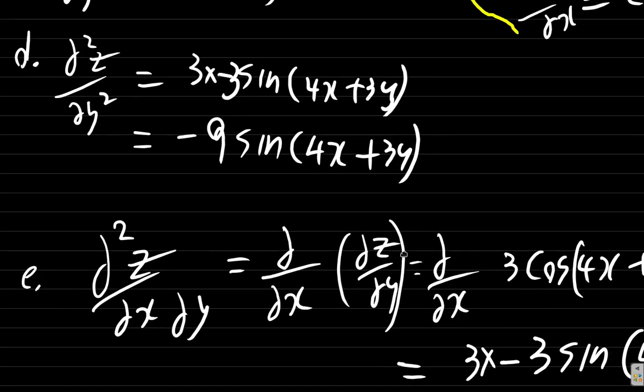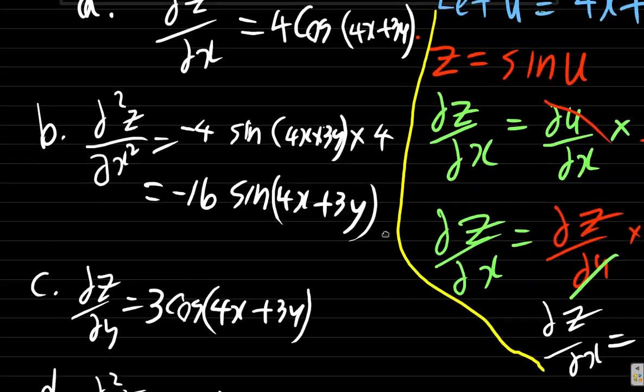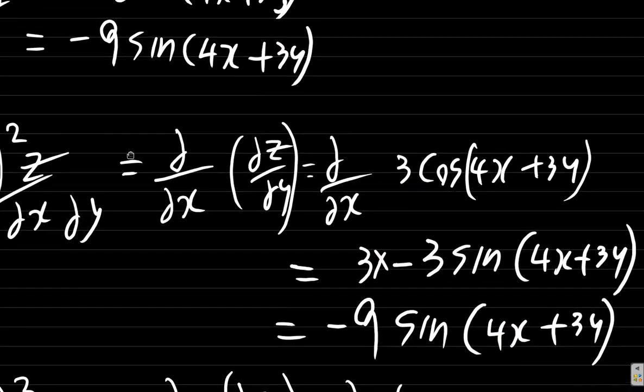Oh my. Guess what? Del z by del x is 4, not 3. Mistake. It should be 4 cos 4x plus 3y. And then when you do it mentally, we differentiate this with respect to x using the chain rule, right? The derivative of the outside function is 4 cos.